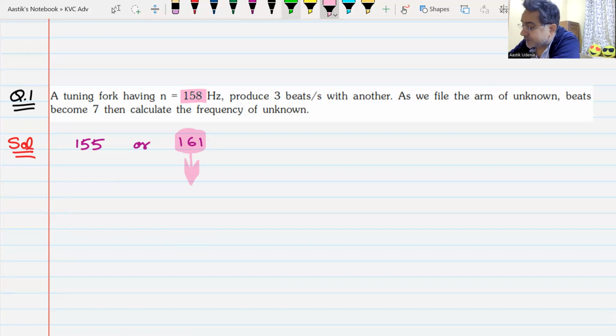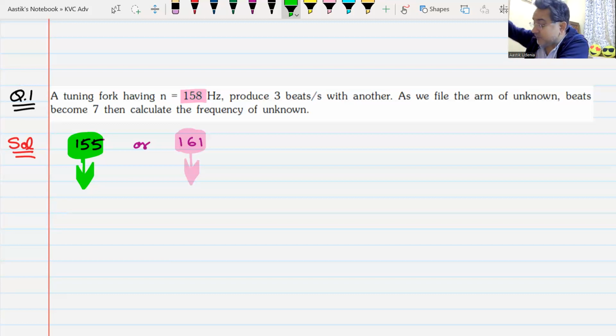If you file this, it will increase and the beats will become less, but it's a small problem. If you keep on filing, this 155 can also become 163.